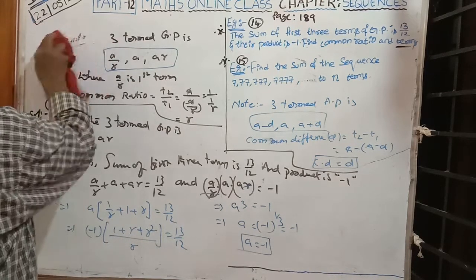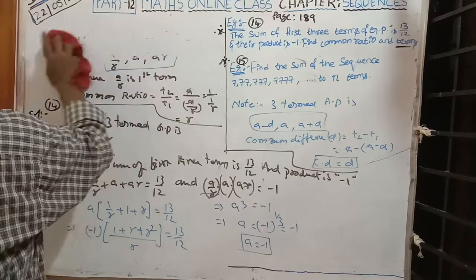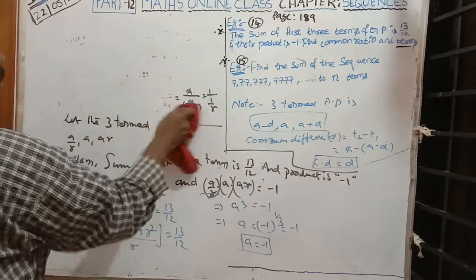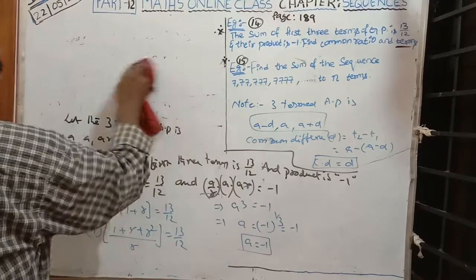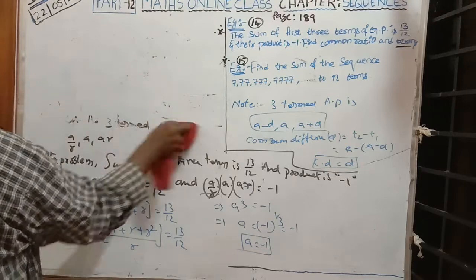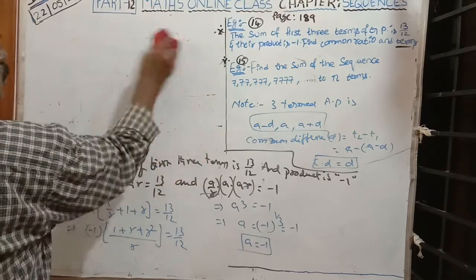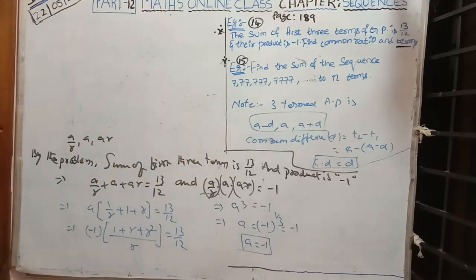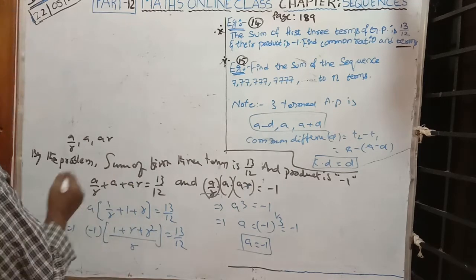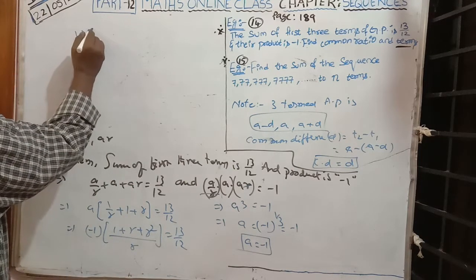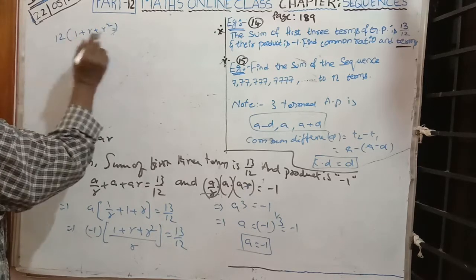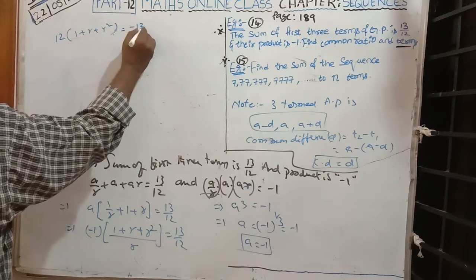The continuation I will take here. You see, the continuation is (1 plus R plus R square) into 12 is minus 13R.